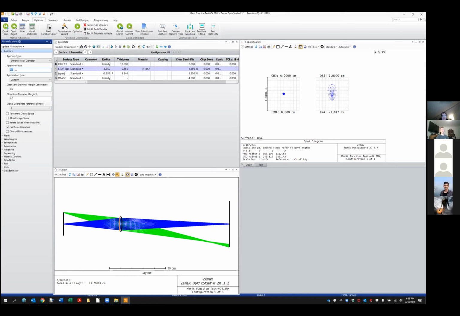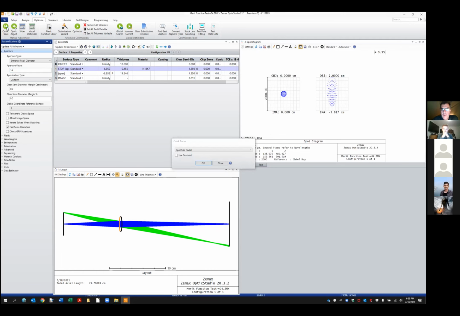On the other hand, let's look at this off-axis object. Here the spot size is 1300. And we go down to 480. Now we could do a quick focus. And the off-axis object actually got worse.